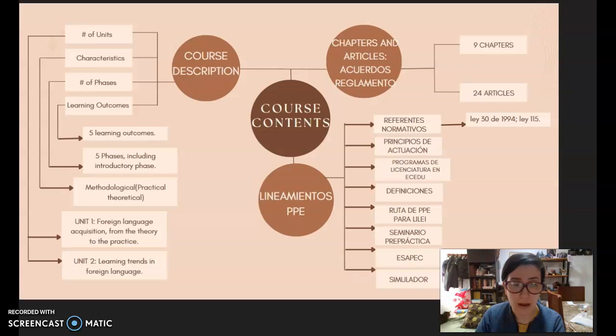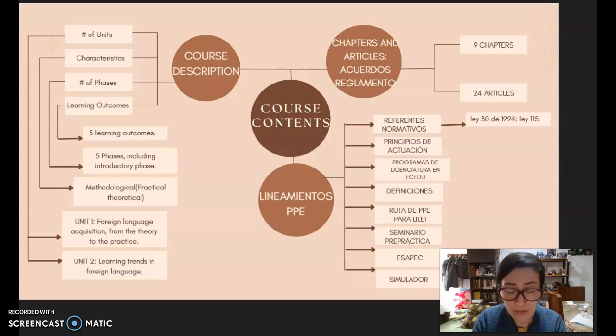Now I'm going to talk about the learning outcomes, which are also 5. So for not making it longer, the outcomes are strictly related with the phases. So the first outcome is to review the characteristics of the course. That's what I am doing right now. The second one is to examine the factors that are involved in the learning of a foreign language.